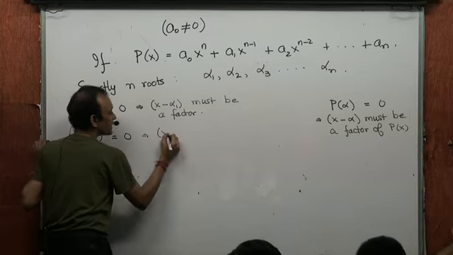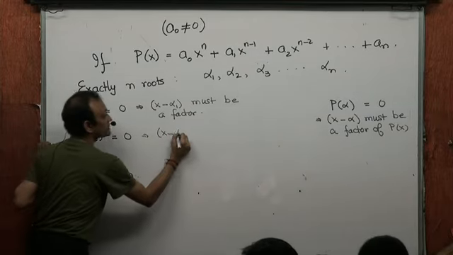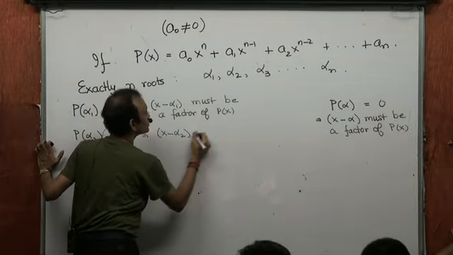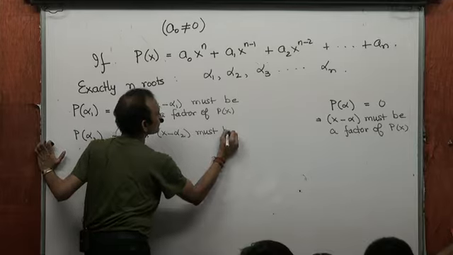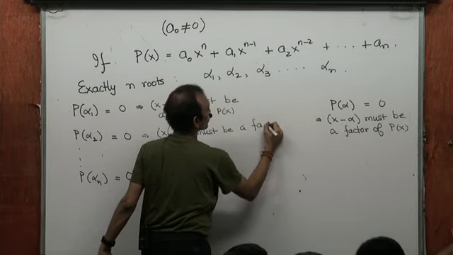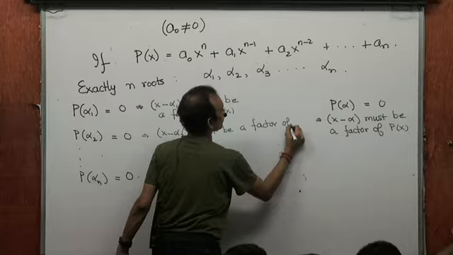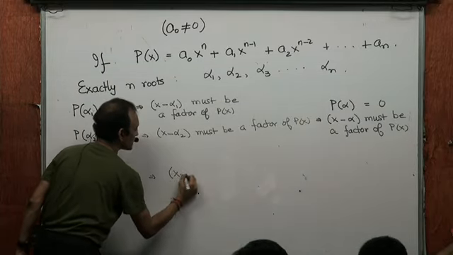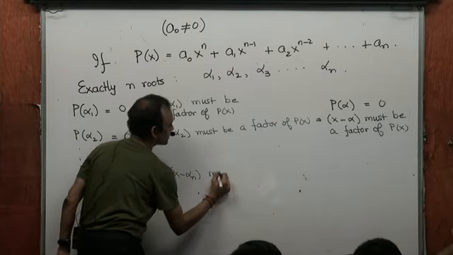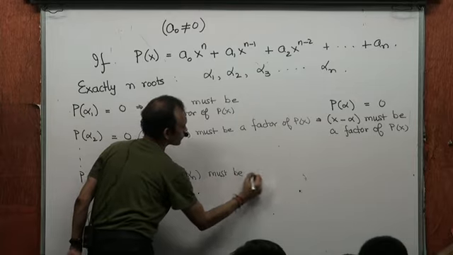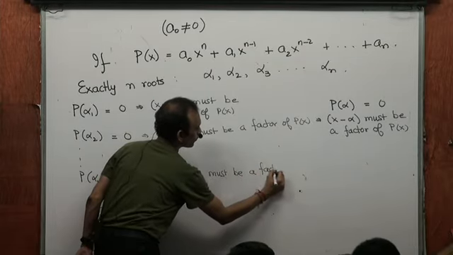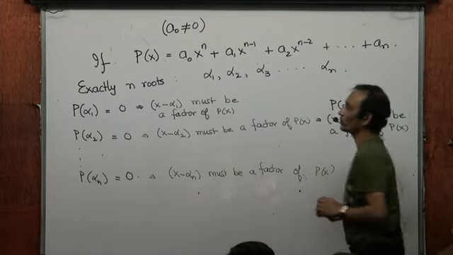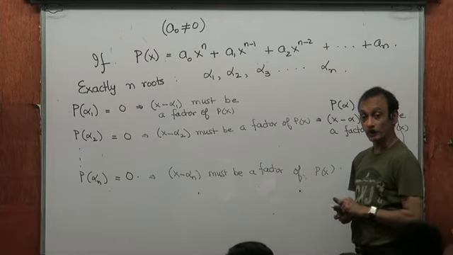If P(alpha 2) is 0, it means x minus alpha 2 must be a factor of P(x). This means x minus alpha n must be a factor of P(x). Yes or no? Do you all understand this?